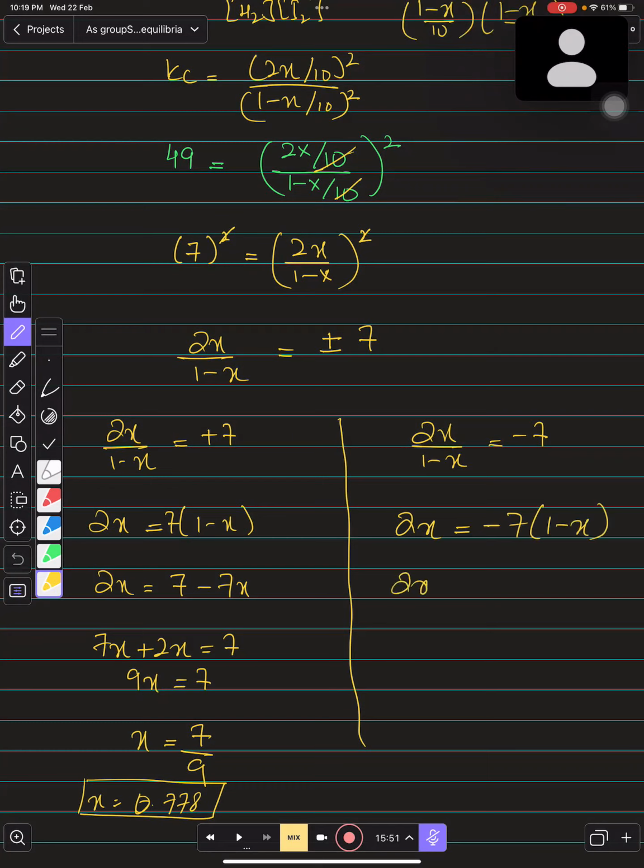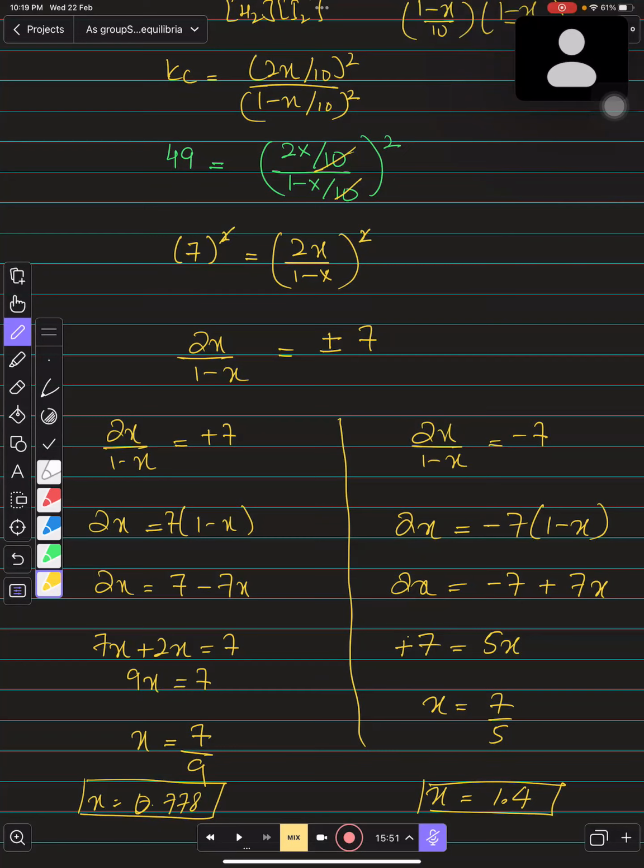It would be 2x equals minus 7 plus 7x. And we need to send 7x over here, so it would be 5x equals 7, and x would be 7 over 5. So what would be the answer of x now? It would be 7 over 5, and it is giving us 1.4. Right, bacho, or not? Yes, sir.